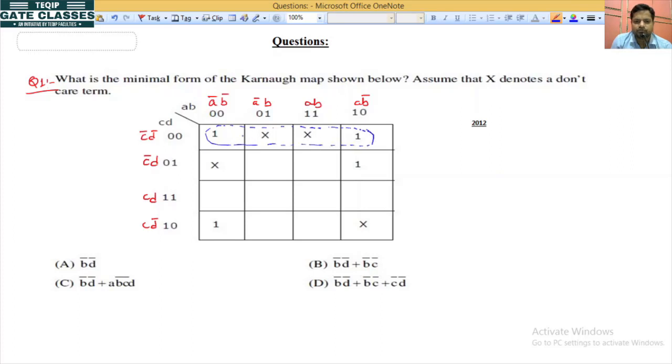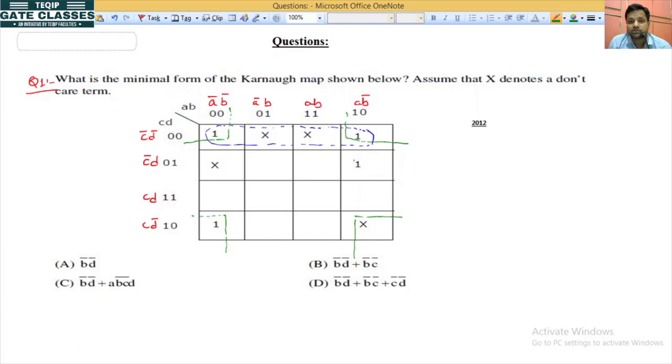Now the second possibility is the corner grouping, because corner grouping is also allowed. In all 4 corners we have 3 ones and 1 don't care. Now this one we have to group again, because we have to group all min terms or max terms.